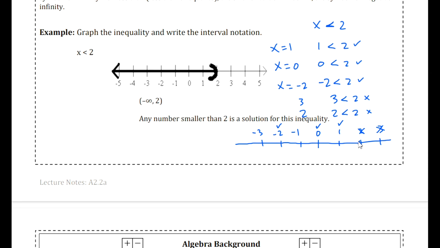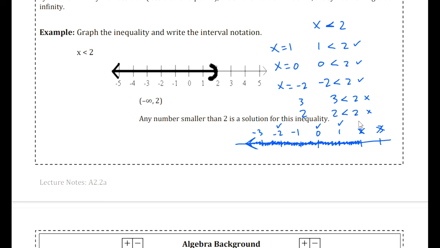So anything to the left of 2 will be a solution. So to show the graph of that, we'll shade in the number line where we have solutions. We know that that goes all the way down to -infinity, so the way we capture that major feature is by putting an arrow going to the left like that.